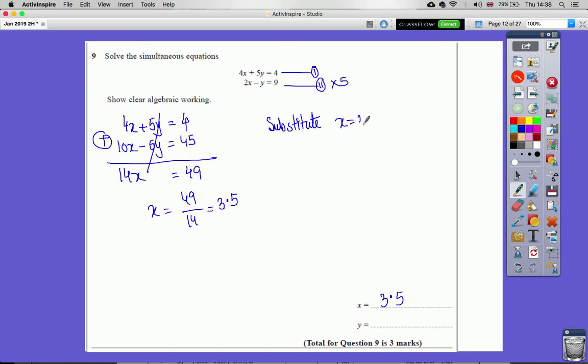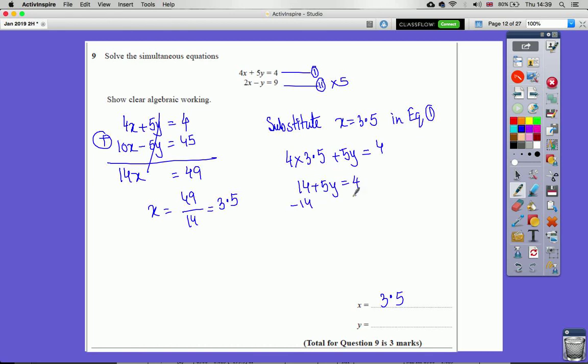Now I'm going to substitute x is equal to 3.5 in equation number 1 or equation number 2, whichever you want. It's still going to work. So I'm going to do 4 times 3.5 plus 5y is equal to 4. 4 times 3.5 is going to give you 14 plus 5y is equal to 4.